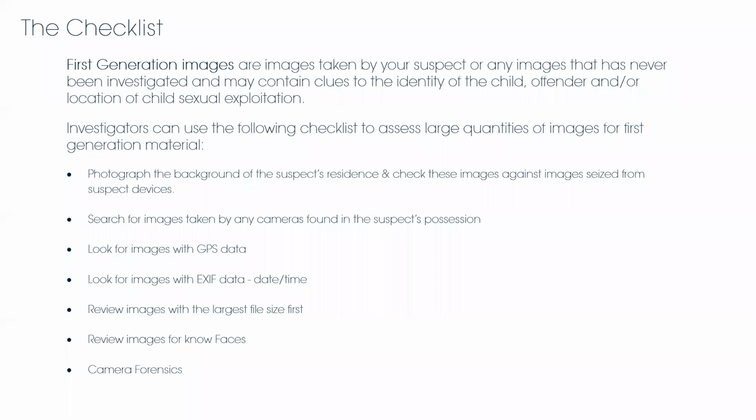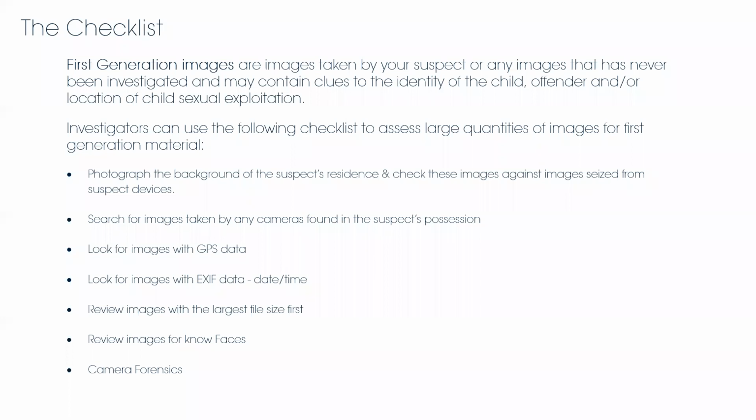The reason is that when people are producing their own pictures, even cheap cell phones take photographs larger than 4 megapixels. But once you upload that data to the internet, it reduces that file size and shrinks. Or if you're looking at images that have been downloaded from the internet, typically they are smaller file sizes as well. So we want to really look for those large images first.